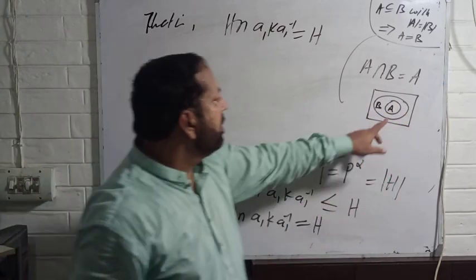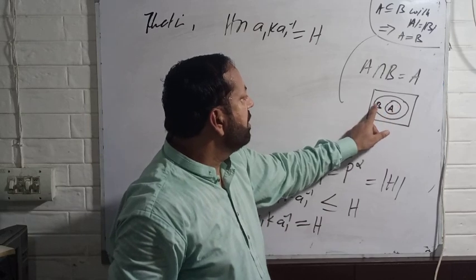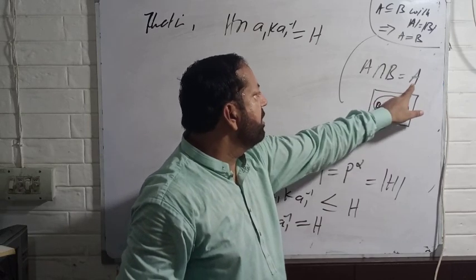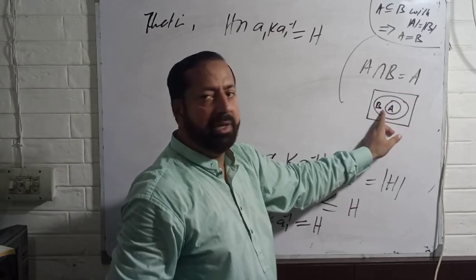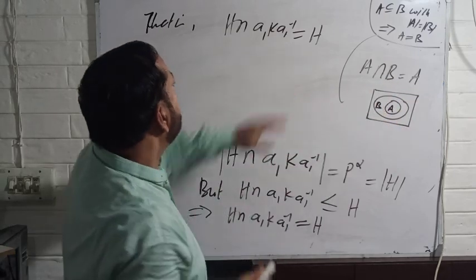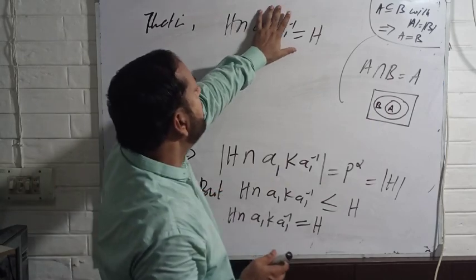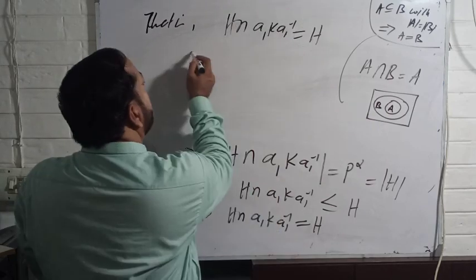Now look here, A intersection B is A. Okay, so if A intersection B is equal to A, then A is a subset of B.